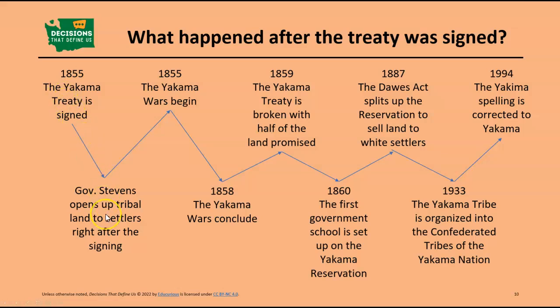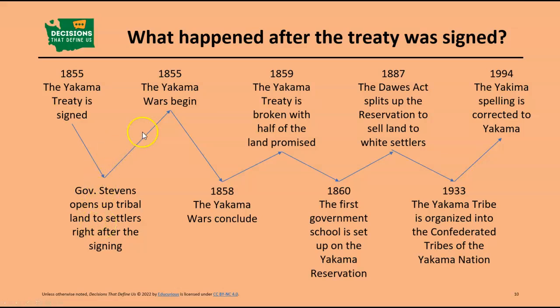And as soon as that treaty is signed, Stevens opens up land to settlers. So immediately we start seeing what was already kind of going on, but in a less formal way, but now it's a legal way, right? He starts opening up tribal land to settlers.